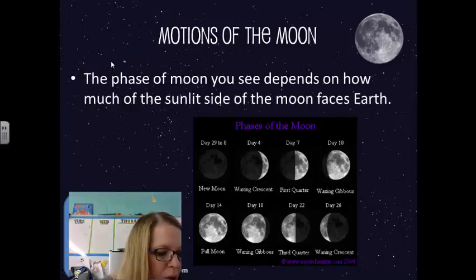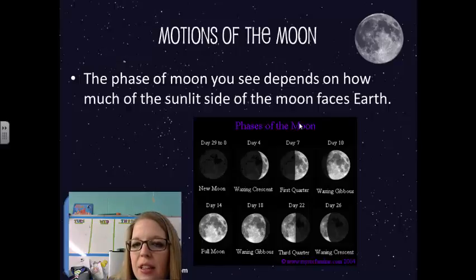So the phase of the moon depends how much of the sunlit side of the moon faces the Earth.